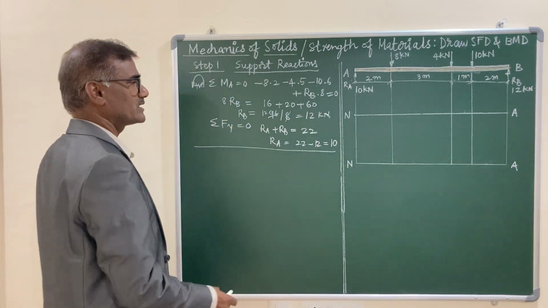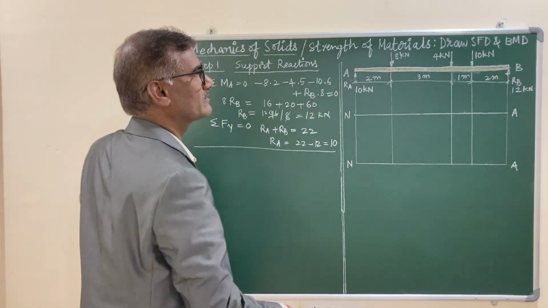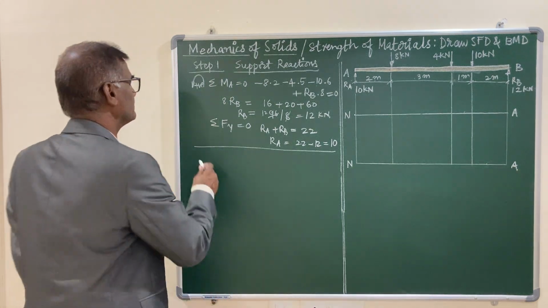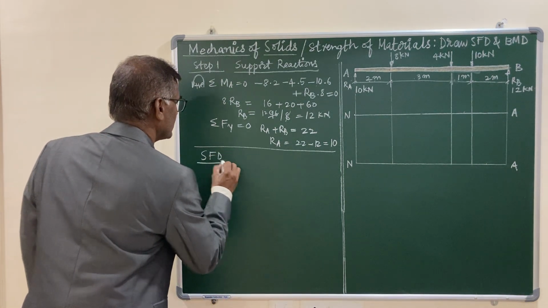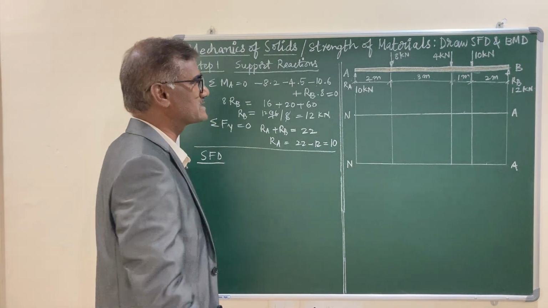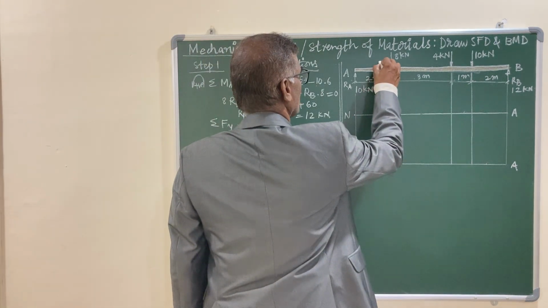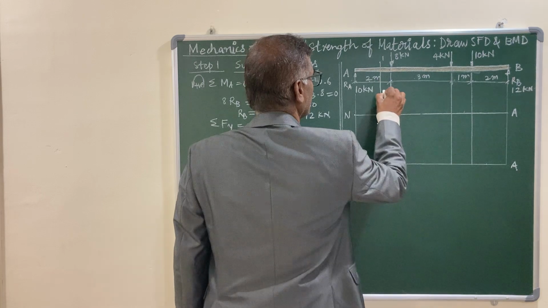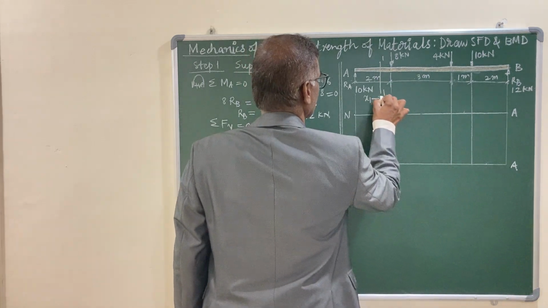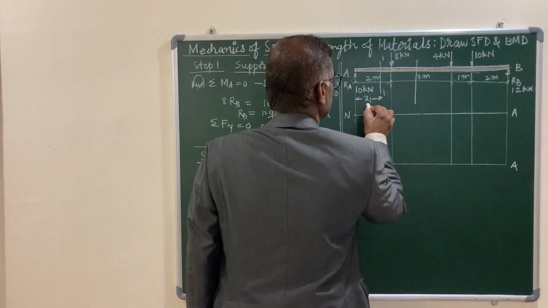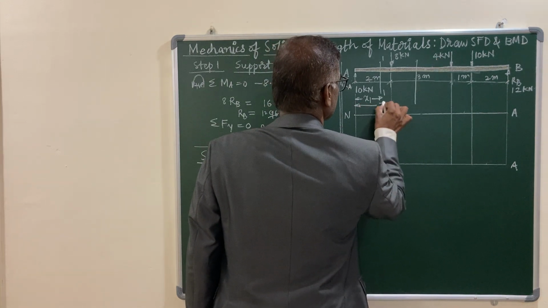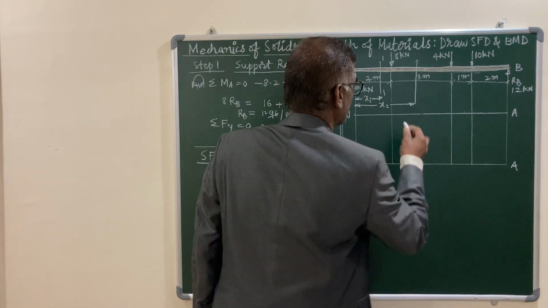Now the subsequent step is to proceed for the SFD, shear force diagram. Let me write SFD, and before writing the equations, let me select the sections. I am calling this 1-1 at a distance x1 from the left hand, and I am selecting another section, x2, that is also from the left.